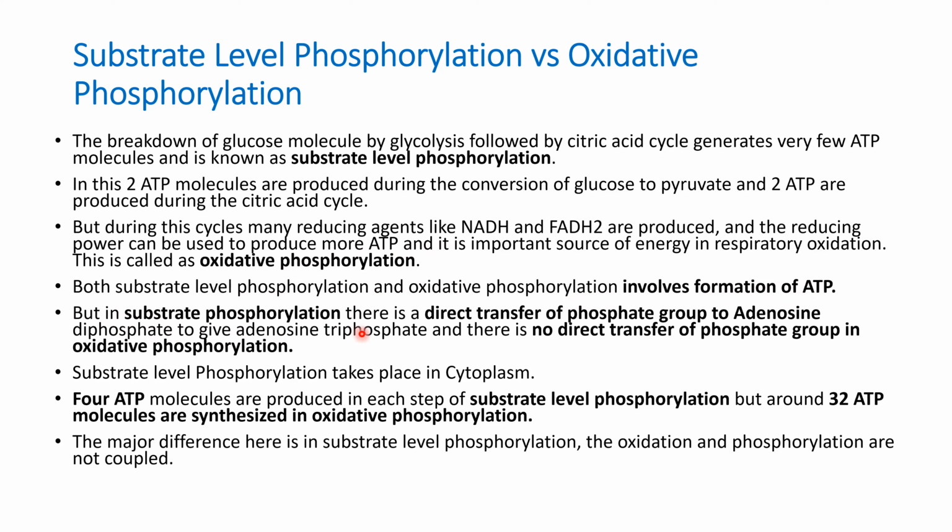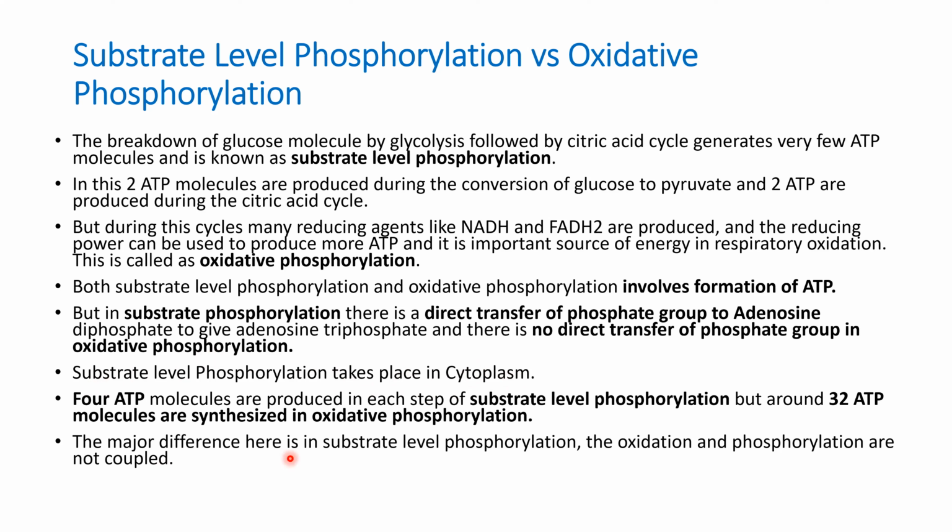But in substrate level phosphorylation, there is a direct transfer of a phosphate group to adenosine diphosphate by an enzyme activity, while there is no direct transfer of the phosphate group in oxidative phosphorylation. We have seen there is the electron transport chain, with electrons transferred step by step from one carrier to another. The third and fourth points: substrate level phosphorylation takes place in the cytoplasm, while oxidative phosphorylation happens in the mitochondrial matrix.